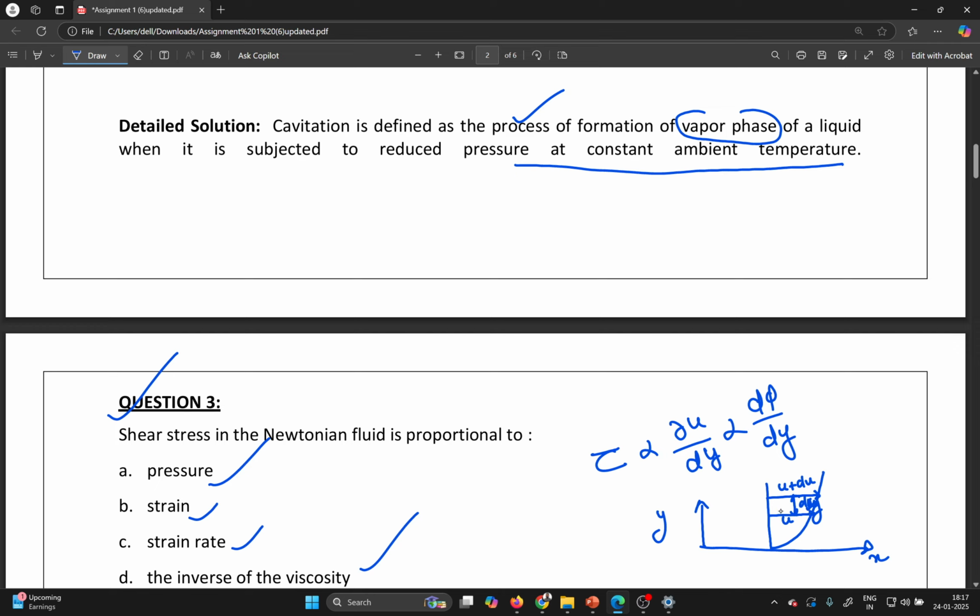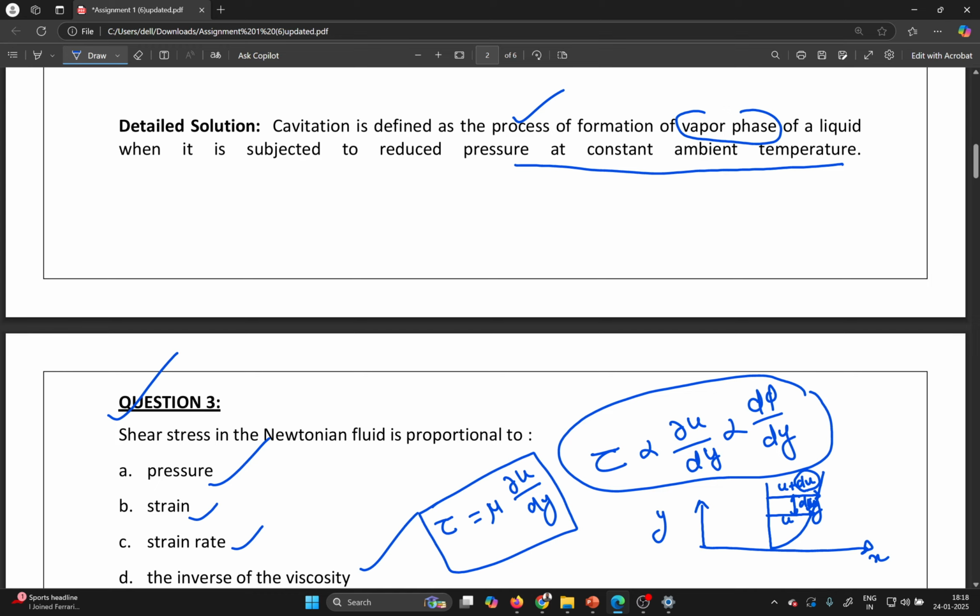As you go from here to here, as you move a dy distance, your velocity changes only by du. So that's the logic behind how shear stress is related to shear strain. And when you remove the proportionality constant, one constant will come, the dynamic viscosity term, mu du by dy. Based on that, I will solve some problems.